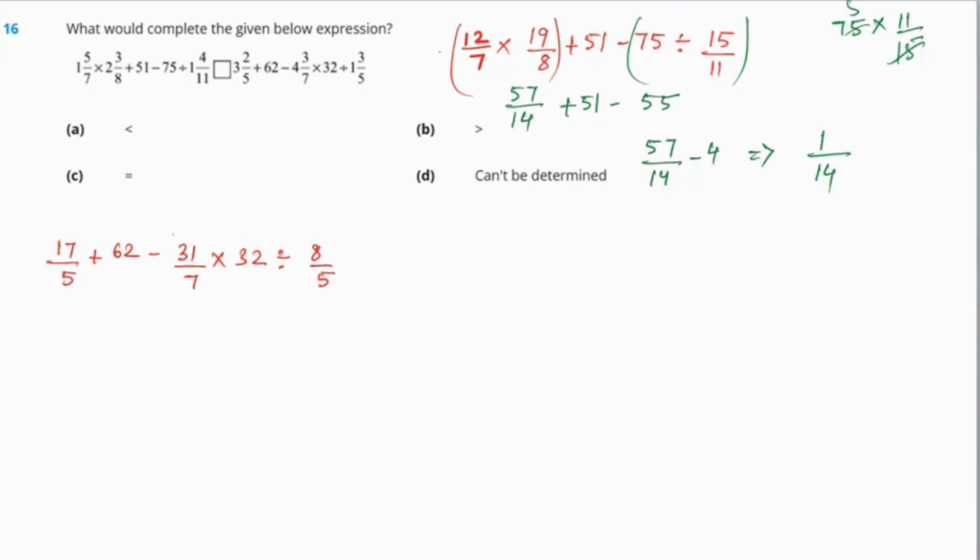When we solve it, after solving the entire thing, we will be getting something like 5 threes are 15 plus 2, 17, 62 minus.